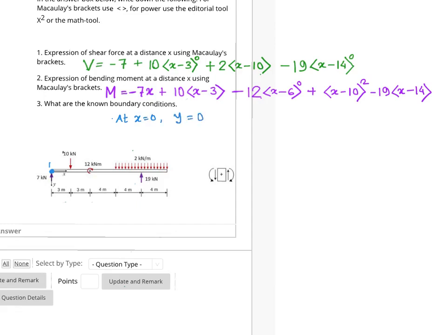That is one boundary condition that we know. The second boundary condition I can write is over the other support point. So at point 2, at x equal to 14 meter, y is equal to 0. So these two will be the known boundary conditions.